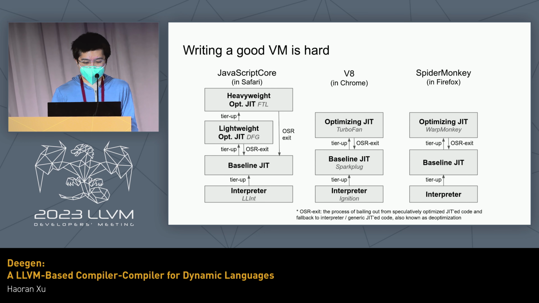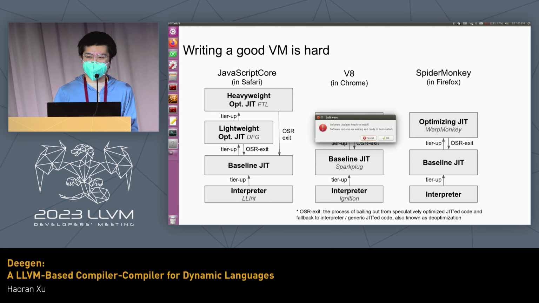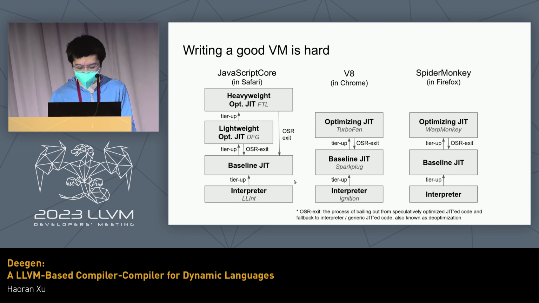In order to execute fast, we of course need a JIT. For a JIT, the compilation happens at runtime, so the compilation time is part of the execution time. We cannot simply have an optimizing compiler that spends a lot of time in compilation.